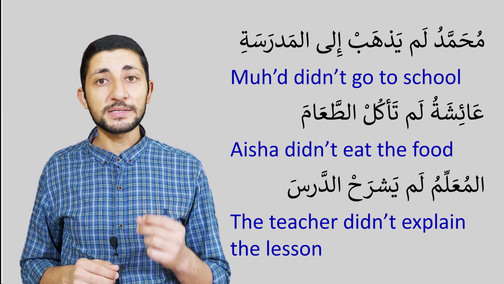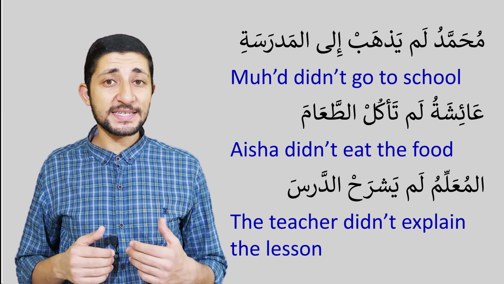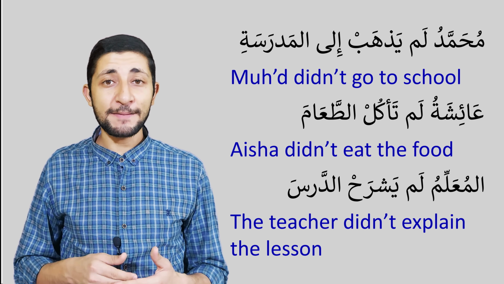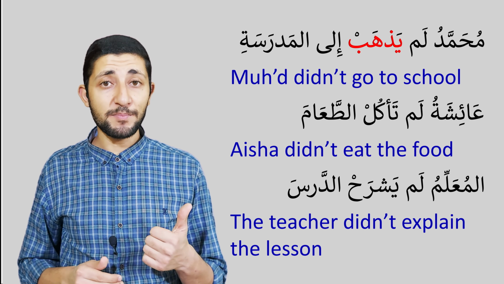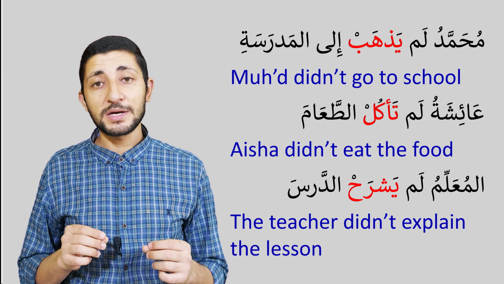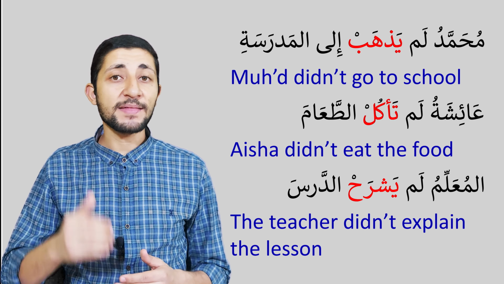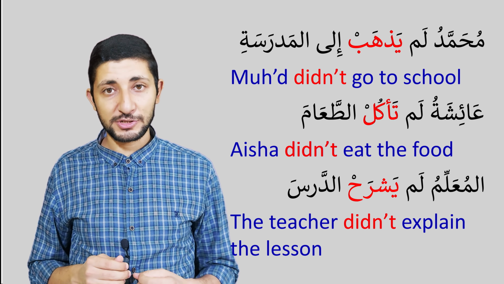The teacher didn't explain the lesson. By looking at these examples, we can see again that the preposition لم came before present verbs, يذهب, تأكل, and يشرح. But it negates an action in the past. That's why it means didn't in English.